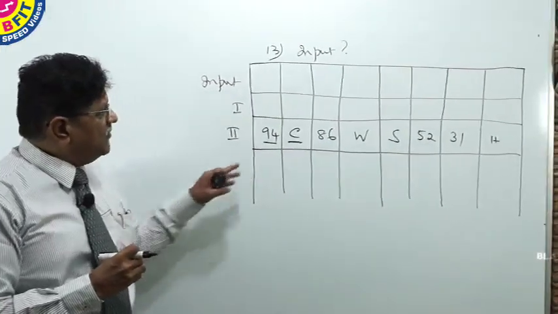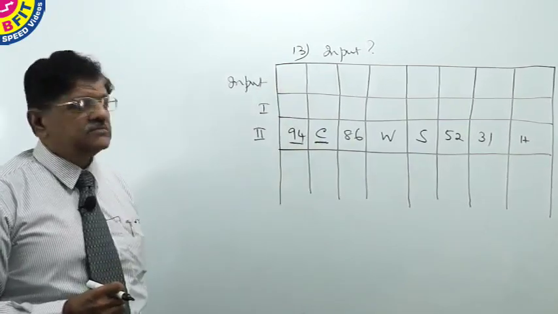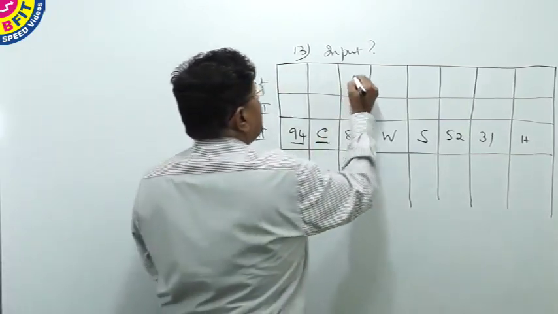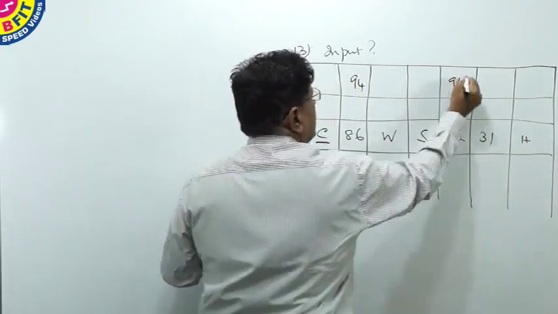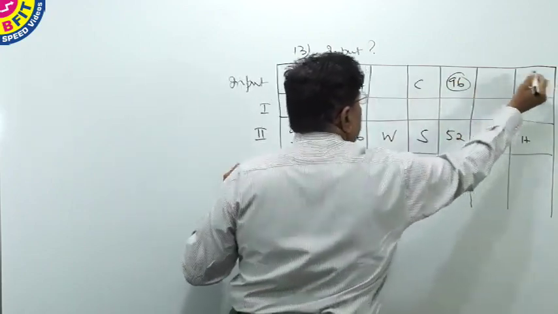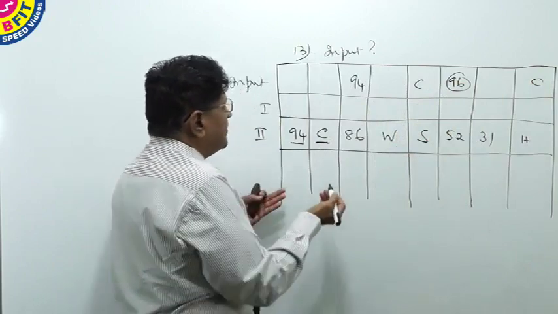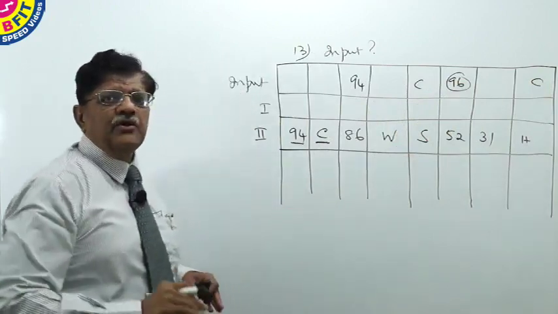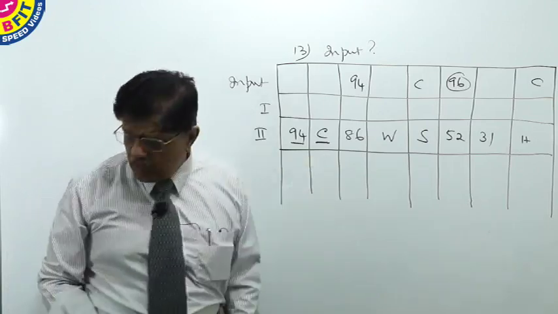Unless we know from where they are moved, we cannot arrive at the input. How do we know? 94 could have been here, and we could have rounded it off and moved it here. C could have been here, anywhere it could have been. So how do we know from where it was moved? By no stretch of imagination can we say from where these variables were moved.